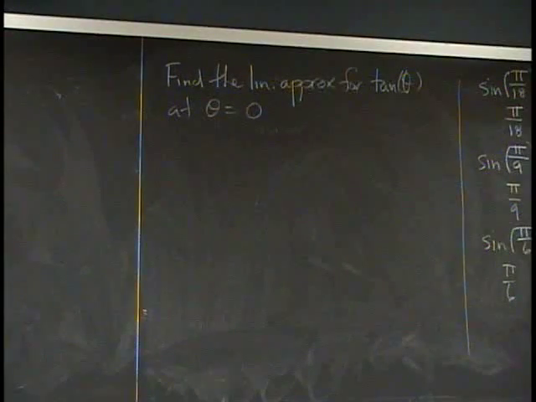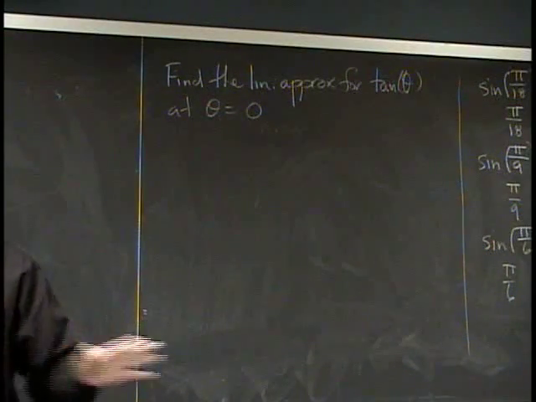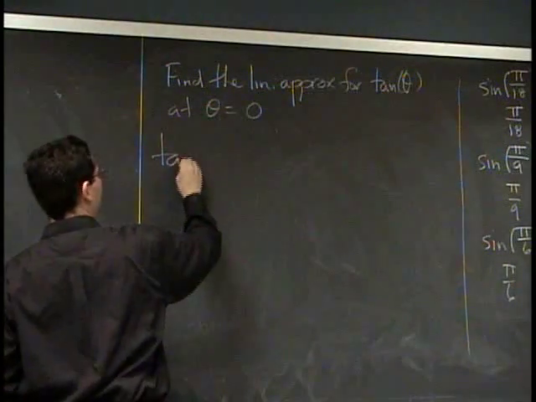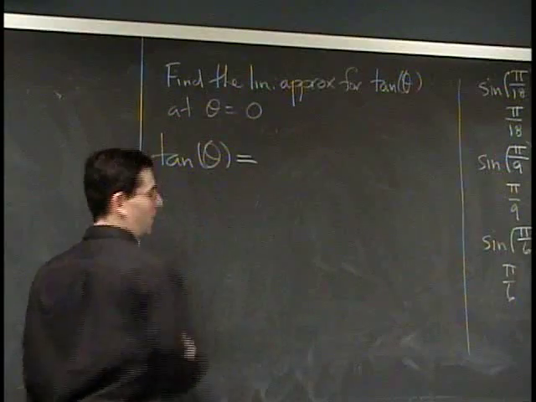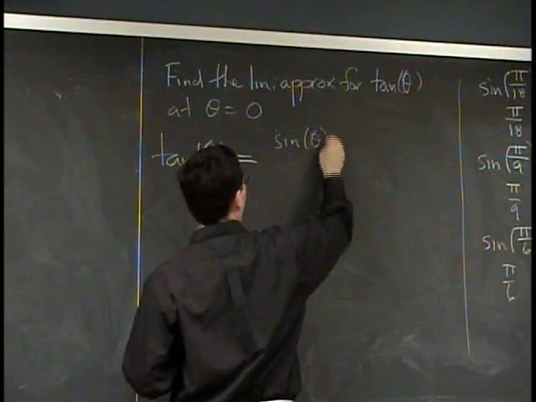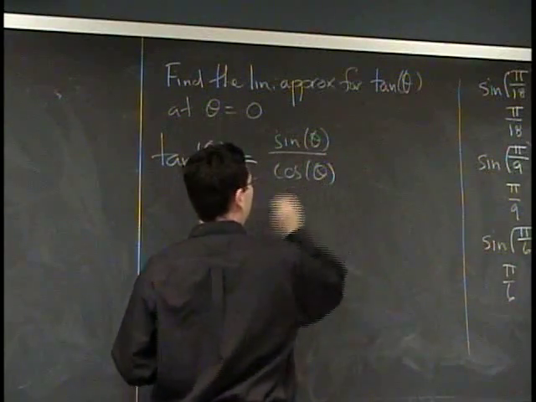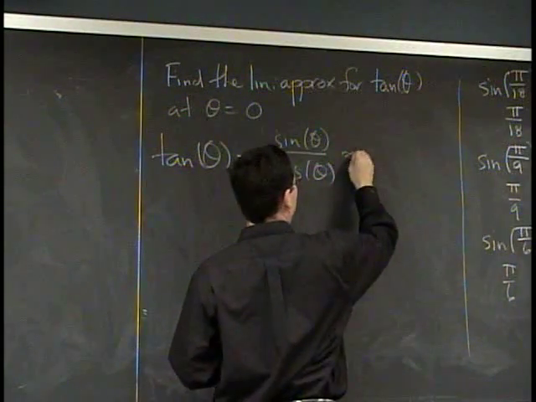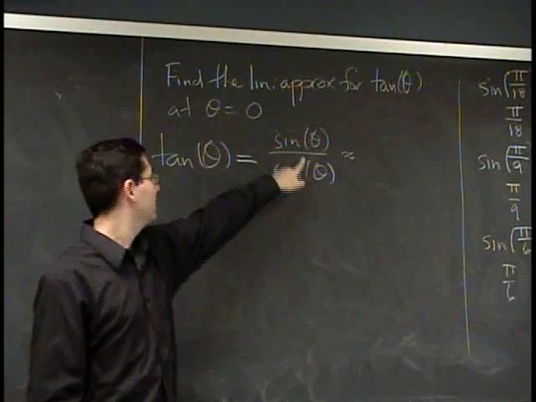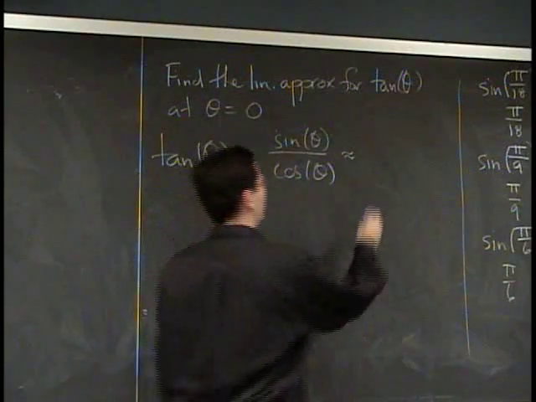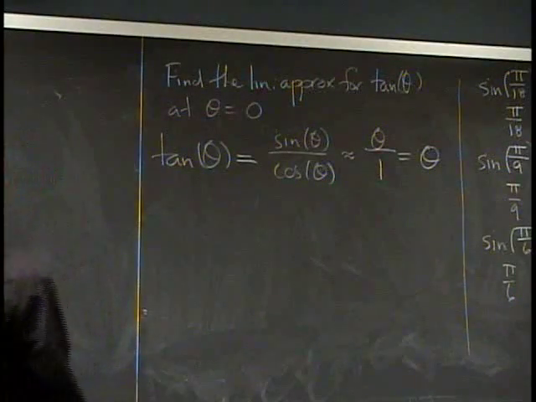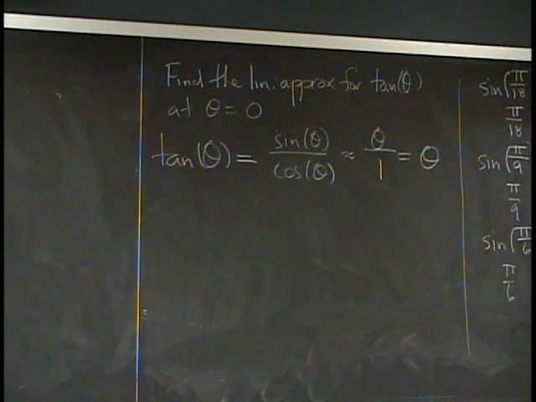Once you've done something for sine and cosine, don't do it again. Just bring it back to those. Tangent of theta equals what? Sine over cosine. And so this should be approximately the same as, well, cosine of theta is approximately equal to 1. Sine of theta is approximately equal to theta. So tangent is also approximately equal to theta, near 0.